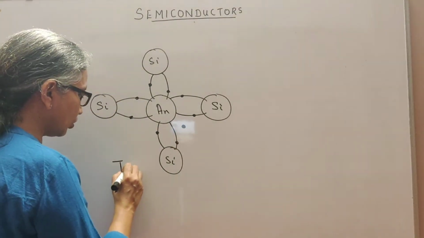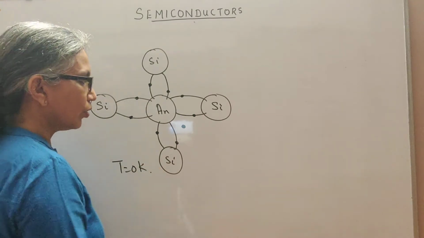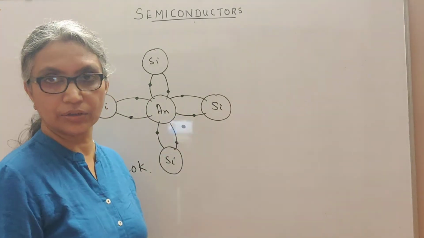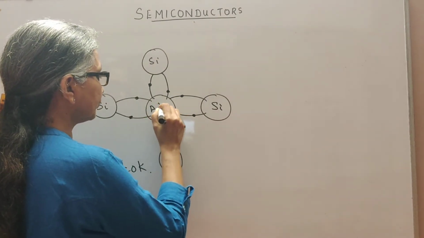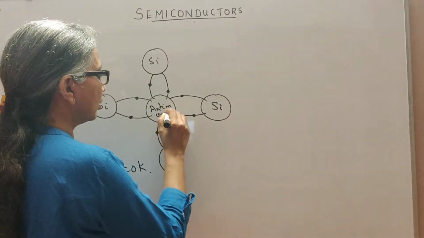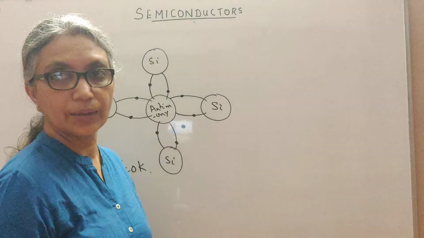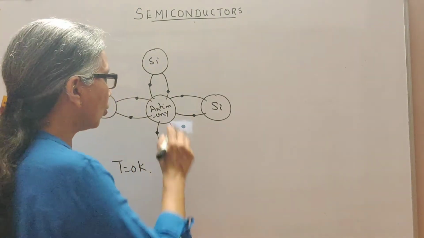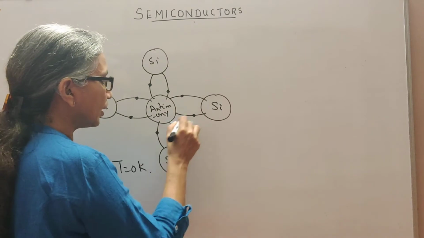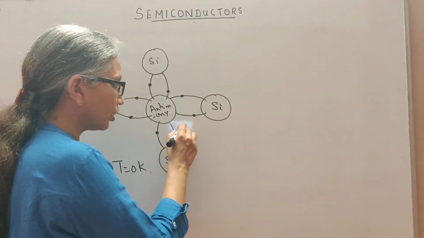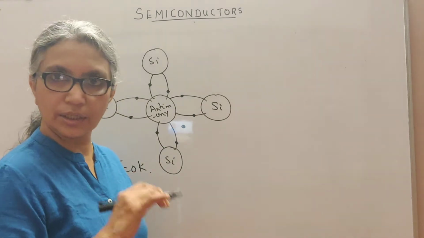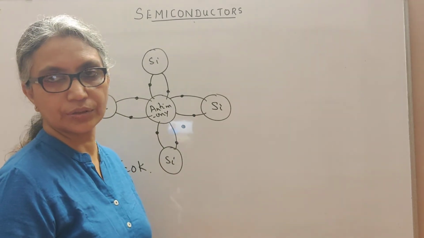Even at T equal to 0 Kelvin, we already have a free electron because antimony is a pentavalent impurity. Only 4 of its electrons can enter into bonding, and the remaining 5th electron is already available for conduction.